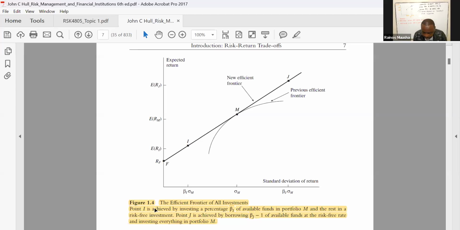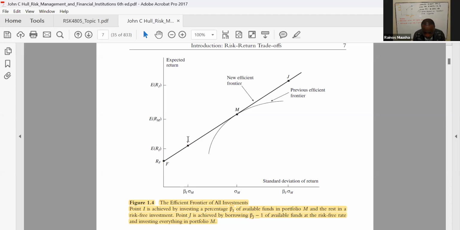They say point I is achieved by investing a percentage in B1, which is found here, of available funds in a portfolio M, and the rest in the risk-free investment. And then point J is achieved by borrowing at this point where you have B, J, and then 1.